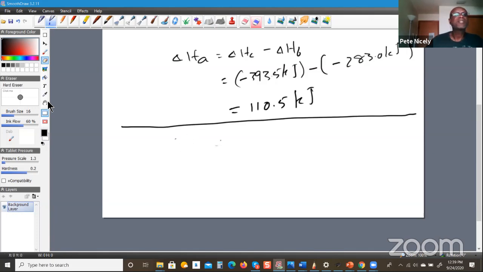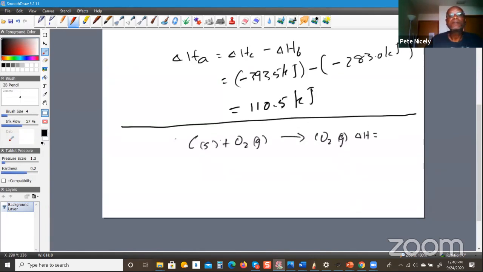carbon, pencil. So carbon solid plus O2 gas gives CO2 gas. And delta H for this would be equal to minus 393.5 kilojoules, right?